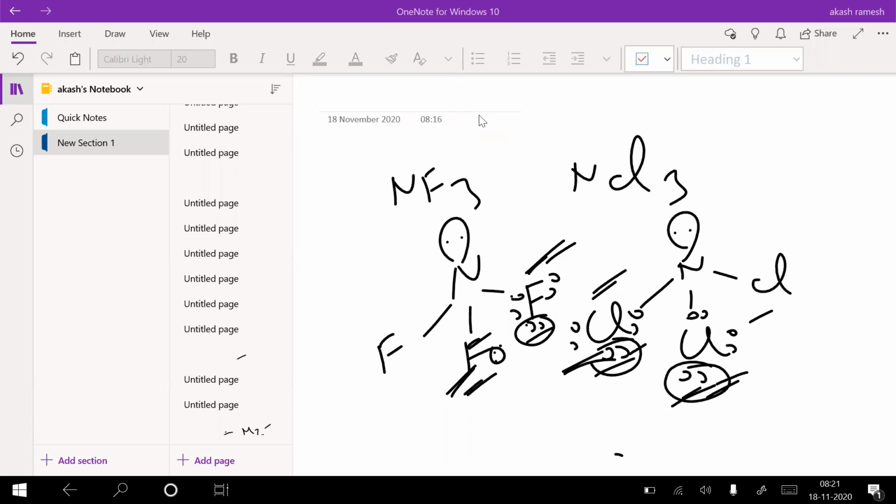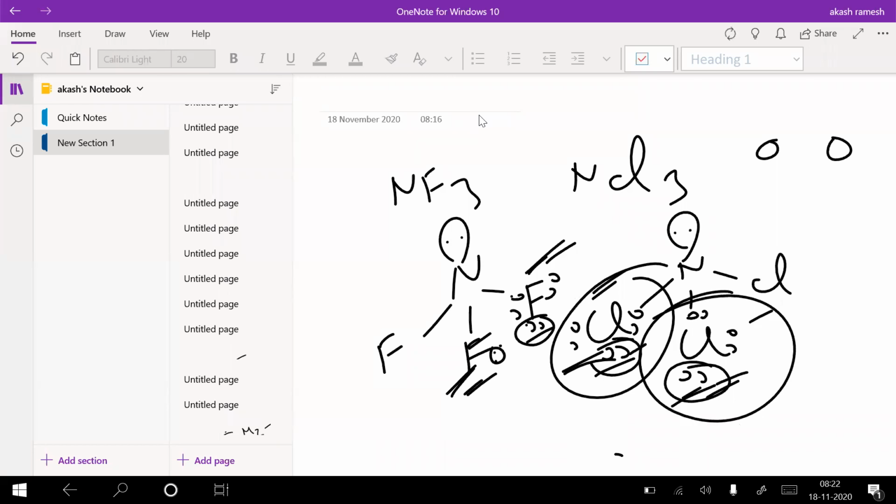If the size is very small and it is having lone pairs, they are already very close to each other. If it's bigger, I would say this is a very diffused crowd. Since the chlorine atom is a little bigger, the atoms can interact with a far greater extent than in this case, because the fluorine atom is very small. And even if I speak about electronegativity, what is electronegativity?